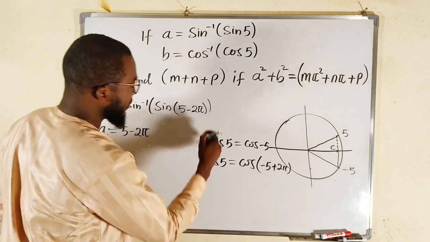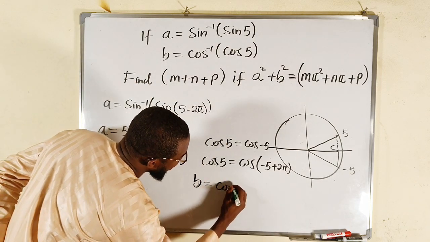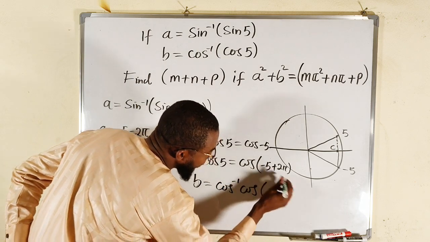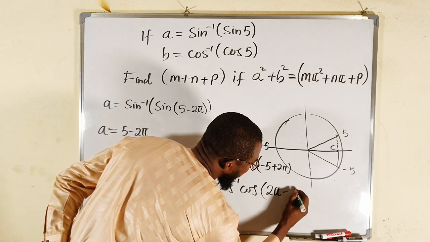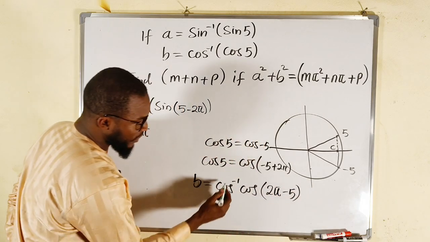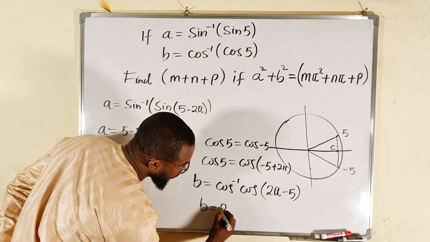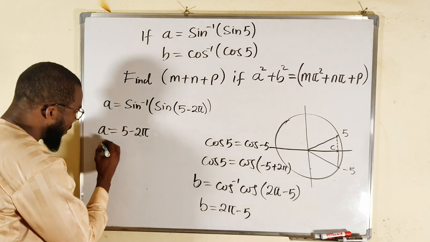So if that is the case, we have B is equal to cosine inverse of cosine of, instead of negative 5 plus 2 pi, we can write it as 2 pi minus 5, all the same, right? Such that this cancels this, we have B equals 2 pi minus 5. Let's write it here.